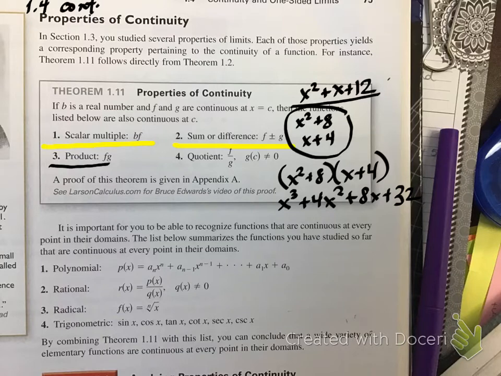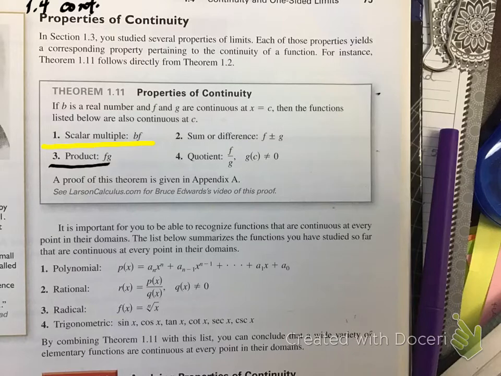And the one that would probably worry us the most is this quotient one, because we know we're sensitive to division by 0.